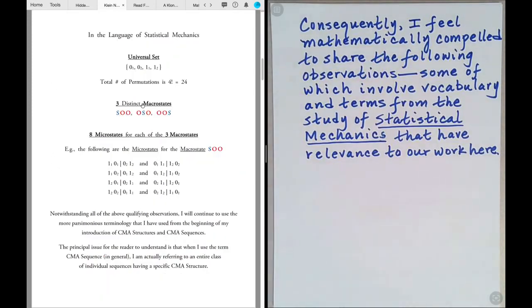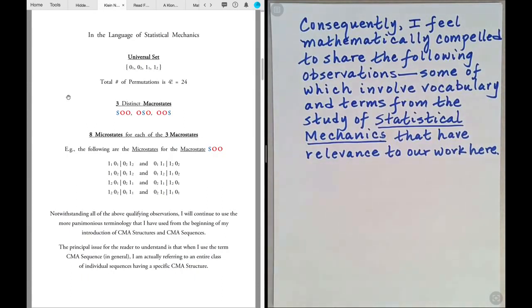In the language of statistical mechanics, we can say the universal set is as follows: 0 sub 1, 0 sub 2, 1 sub 1, and 1 sub 2. Of course, the total number of permutations of these 4 distinct objects is 4 factorial, which is equal to 24.